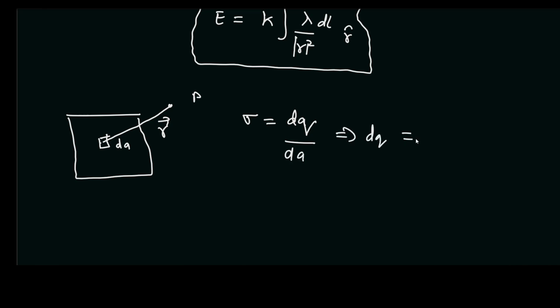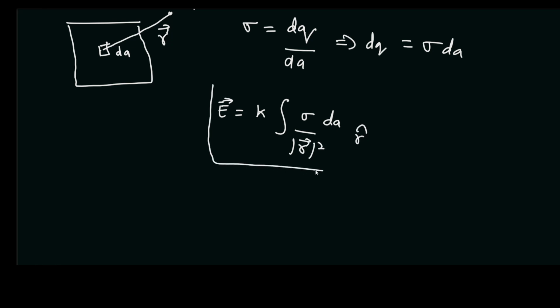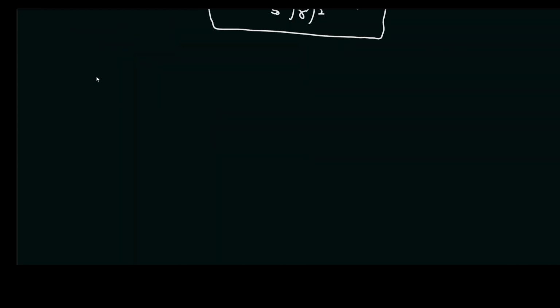Then we can simply separate dq as sigma dA. Then the electric field due to a continuous surface charge distribution becomes constant of proportionality k times the integral of sigma dA over magnitude of r the whole square times r cap. Here it will be a surface integral, so let us write S to remind us that it is a surface integral.